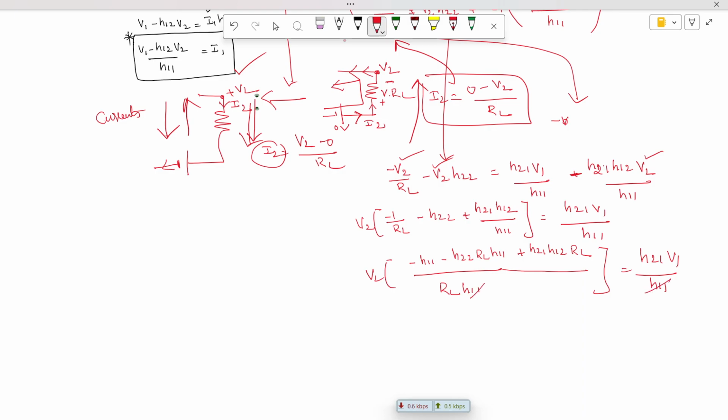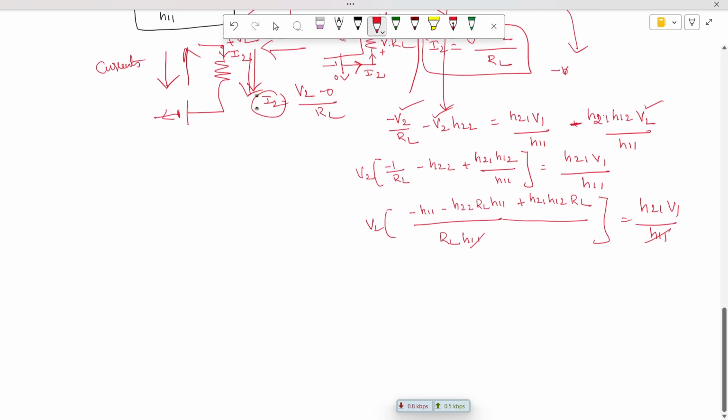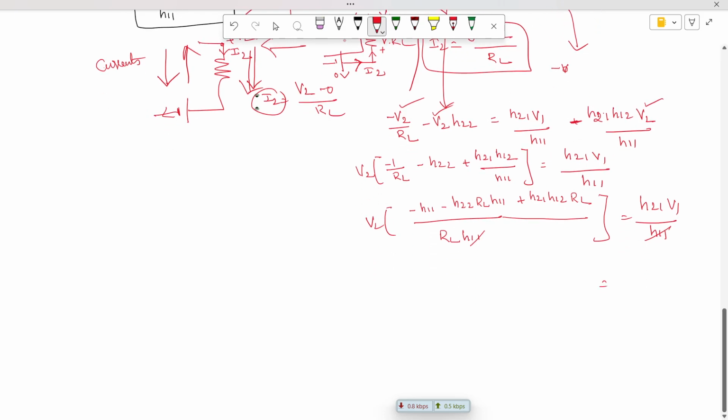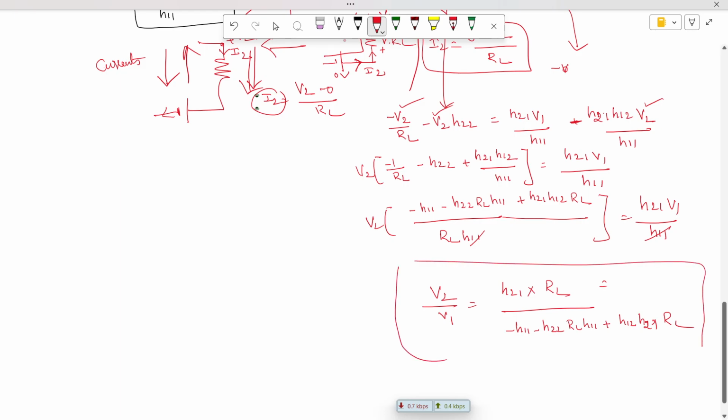So H11 will get cancelled out. So from here I am writing V2 by V1. This term I am bringing to the denominator. Therefore this is equal to H21 into RL divided by minus H11 minus H22 RL H11 plus H12 H21 RL. So this is the voltage gain that is asked in the problem.